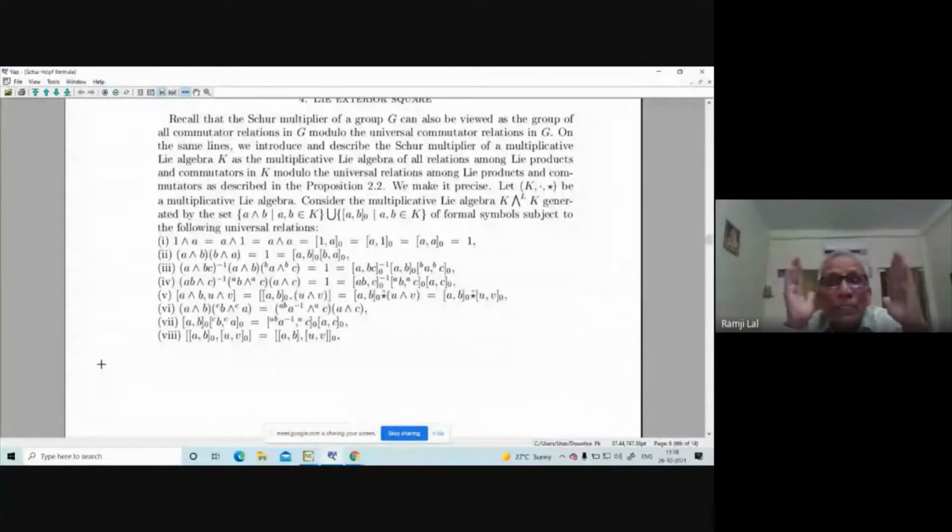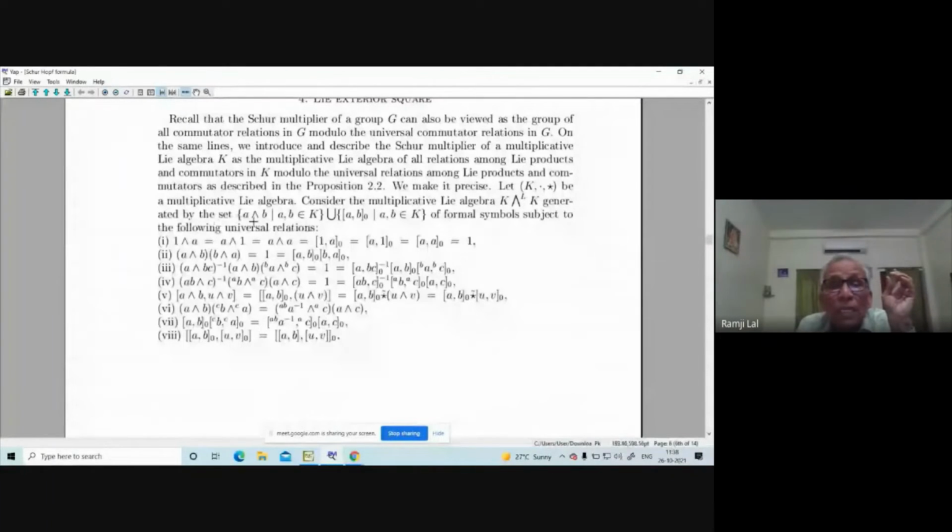So we have two things: A cap B corresponding to this dot, and for star we take this other notation.